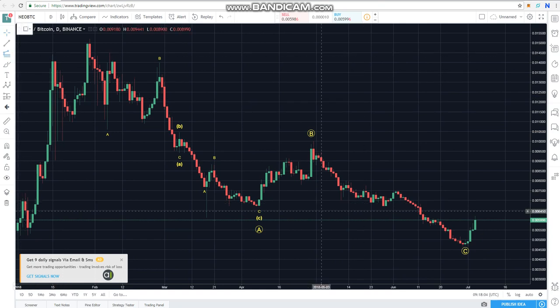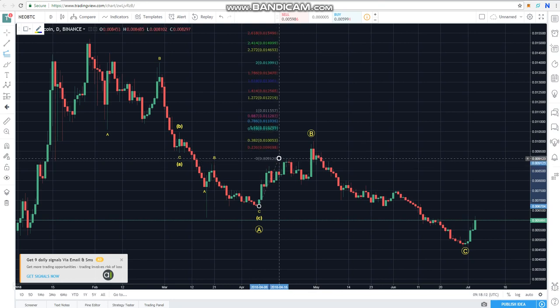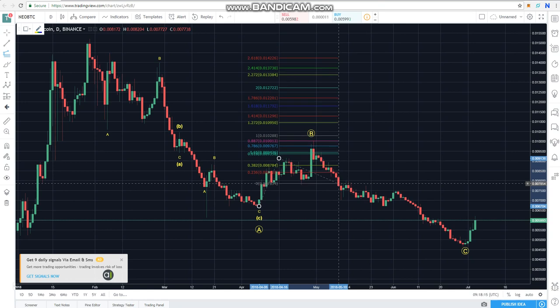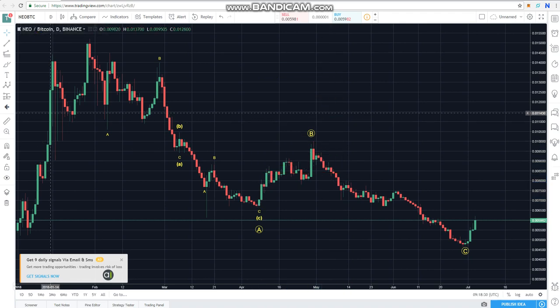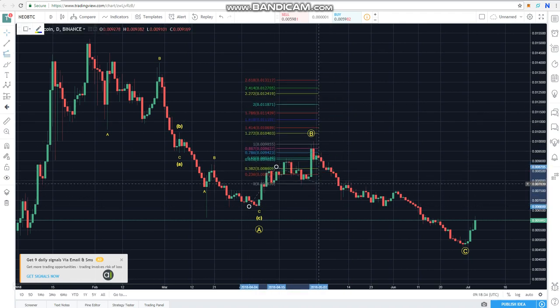So what is this B wave? Well, if we again extrapolate the Fibonacci's, then we can see that it is likely that this is the count, that this is the ABC, with the 0.887 being hit right on target. I will extrapolate another one just to see if this is really the case.